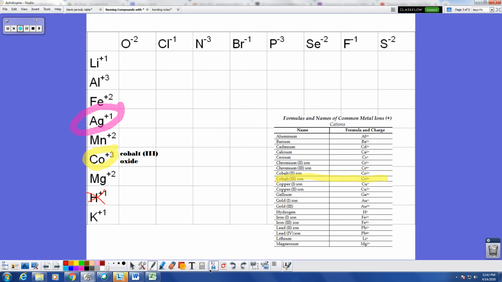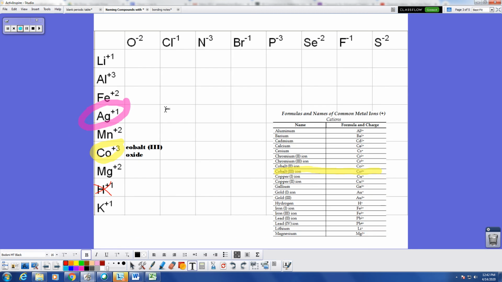So whenever you do those names, like this one, this is just going to be silver chloride. You don't have to worry about it being silver 1. Silver is always going to be +1. Always, always, always.